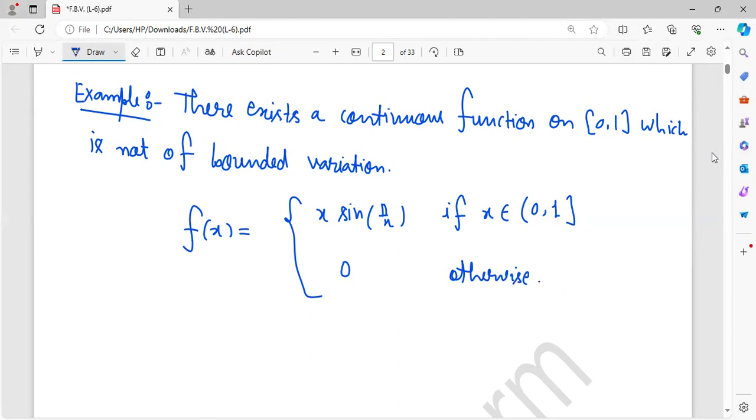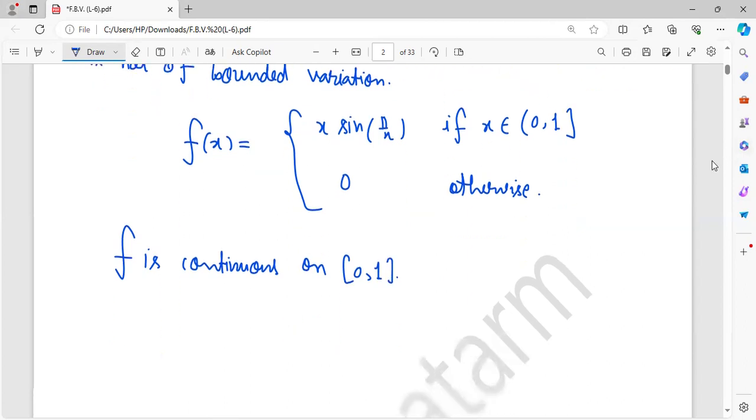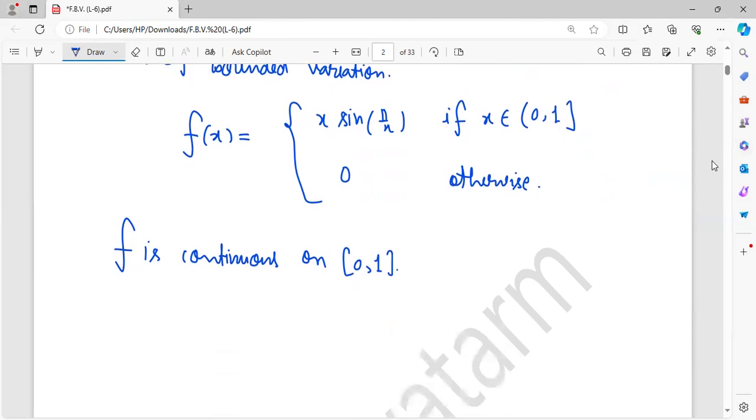This function f is continuous on the closed interval [0, 1]. We will show that this function is not a function of bounded variation.